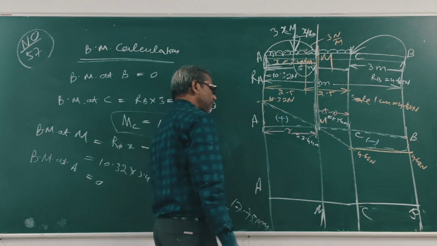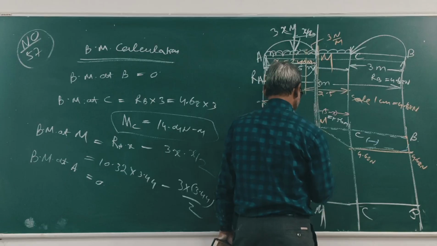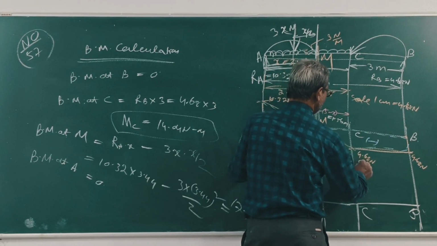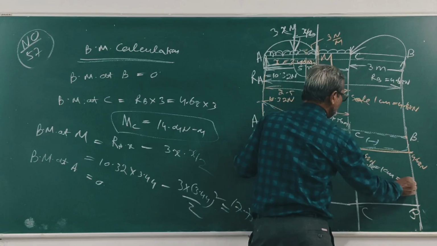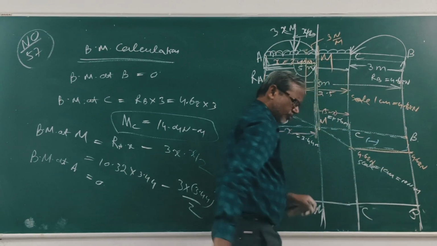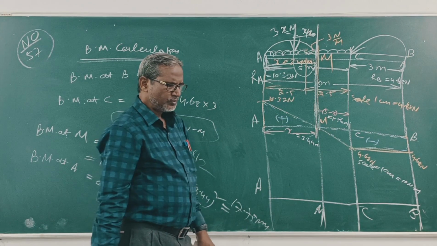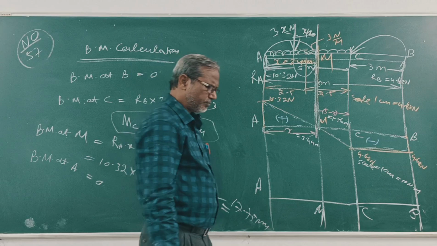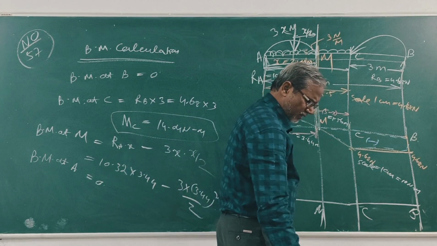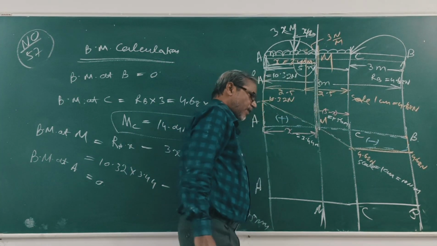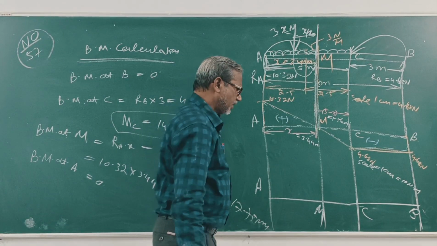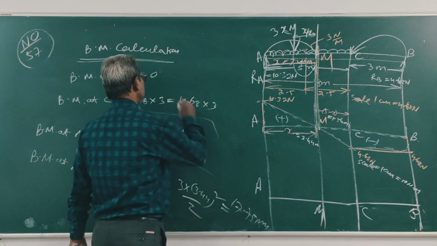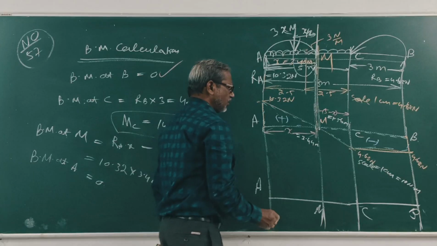Scale 1 cm is equal to 10 Newton meter. Right? Now at B, 0.